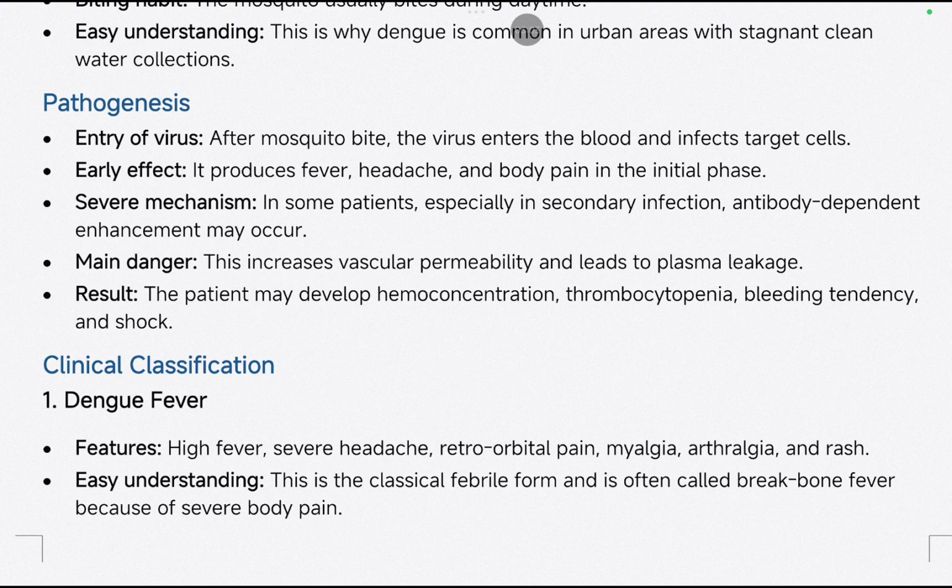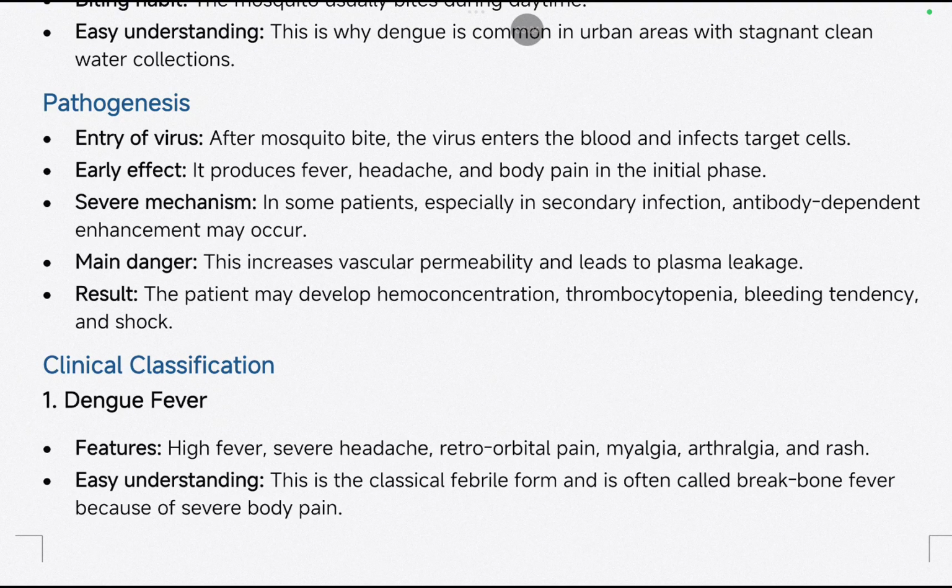It leads to increased vascular permeability, meaning vessels become leaky and things are able to go through. This will lead to plasma leakage. The result is that the patient may develop hemoconcentration, thrombocytopenia, bleeding tendencies, and shock.